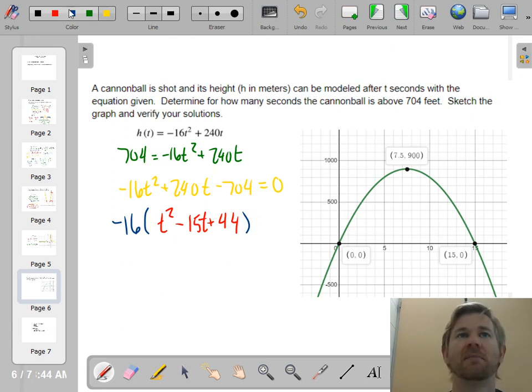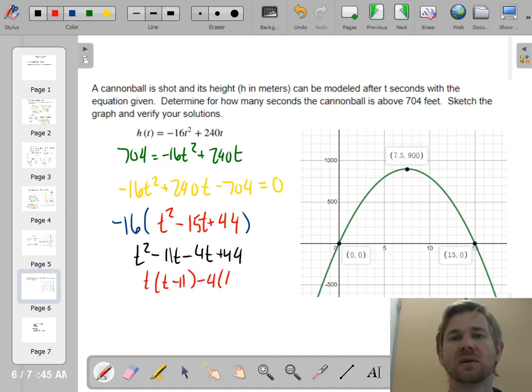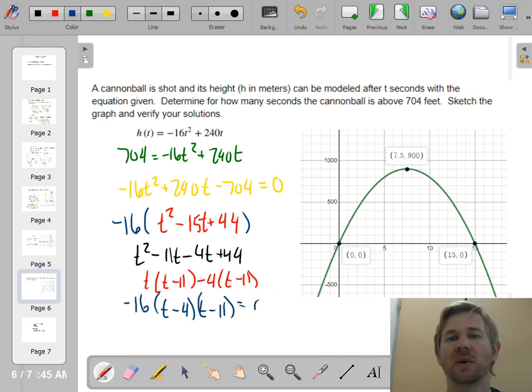Now to find the numbers that multiply to 44 and add to -15, that'd be 11 and 4. So minus 11t minus 4t plus 44. We'll do the whole split the middle thing. T minus 11 minus 4t minus 11. And you end up with t minus 4 and t minus 11. Now the -16 is part of your factors, but it's not going to affect the zeros.